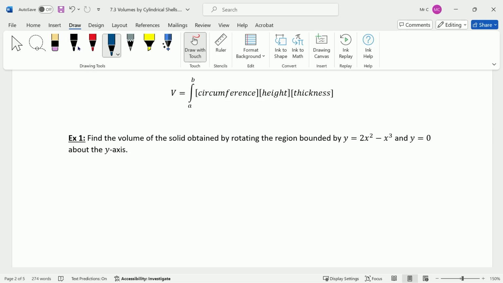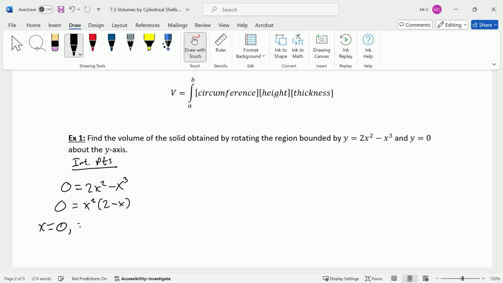Okay, so first let's find some intersection points. We set this function equal to 0: 2x squared minus x cubed gives us x squared times 2 minus x is 0. So x is 0 or 2. And then the corresponding y values: if I plug in 0 for x, I get 0. Of course, y is 0 for both of them, so I don't even need to check the second one.